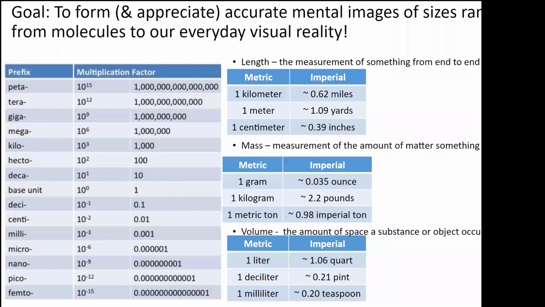Okay, so finally, we're going to get started on those packets. Our goal is to form accurate mental images of what these different sizes and measurements look like in everyday life, because the human body is something that exists in everyday life.